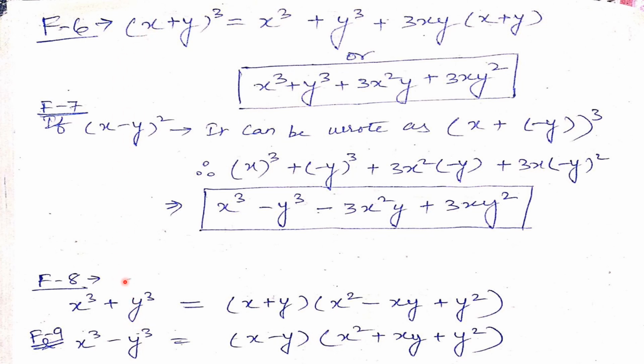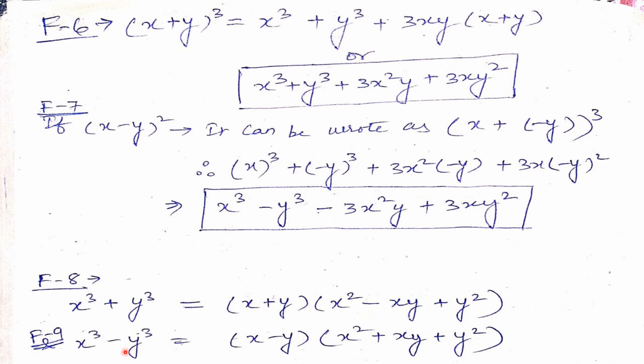No, they are not same, because it is expanded form and that is factor form. Actually, the formula of this is different. x³ + y³, the formula is (x + y)(x² − xy + y²). So you can compare, this is the expanded form and this is the factor form.